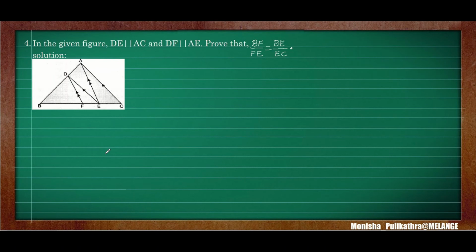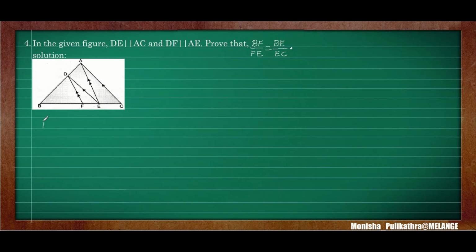Moving on to the fourth problem of this session. Here in the given figure, the line DE is parallel to AC and DF is parallel to AE. So two triangles are merged with each other. We need to separate them and take the ratios according to Thales theorem and solve it as per the previous problem.